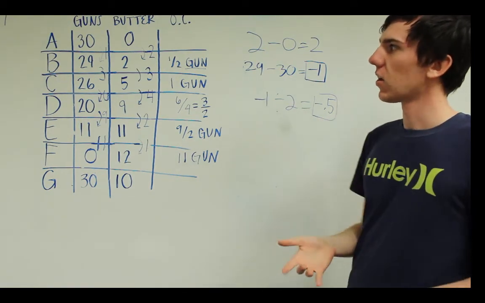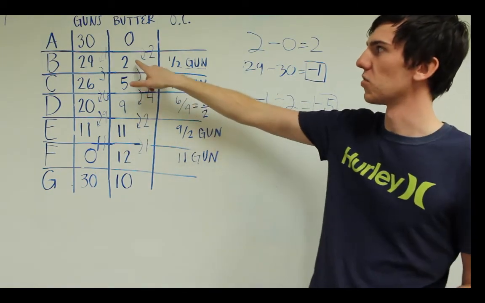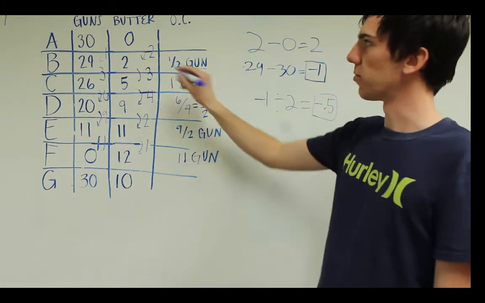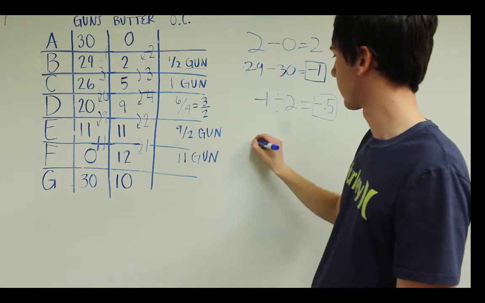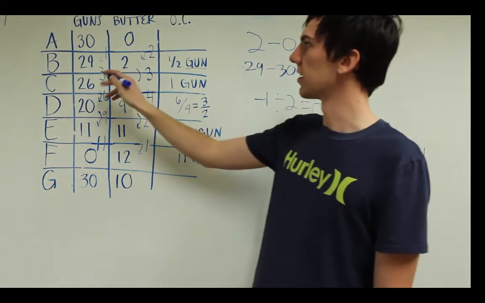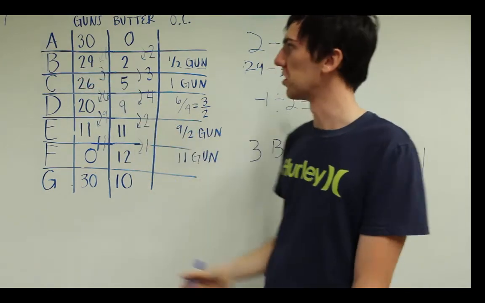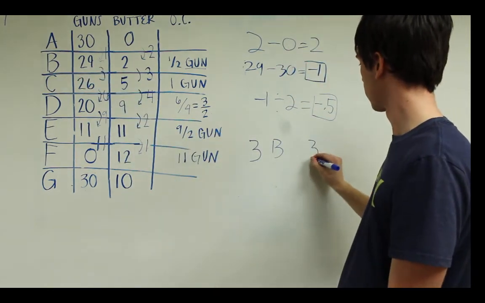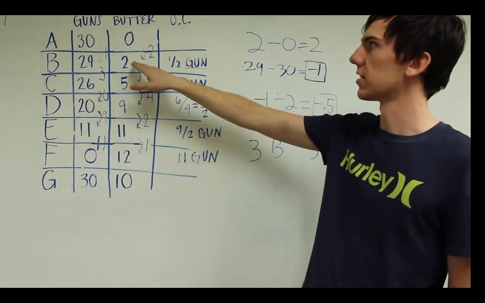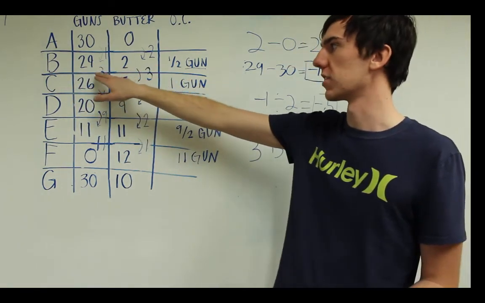If you look at another point, in this case you jumped up by 3 butter, I'm going to do this one too. If we gained 3 butter, how many guns did we lose? We lost 3. So from B to C, the opportunity cost of gaining 3 butter was losing 3 guns.